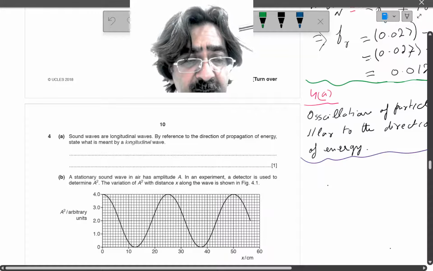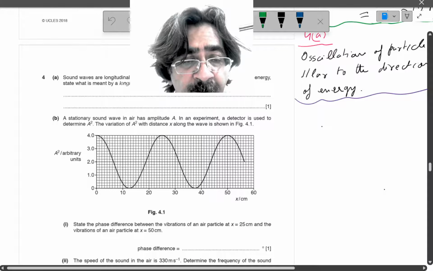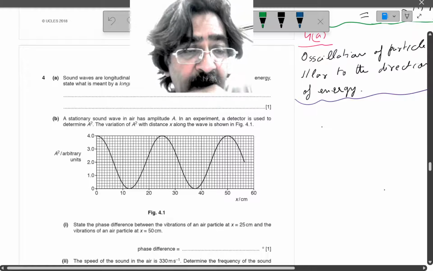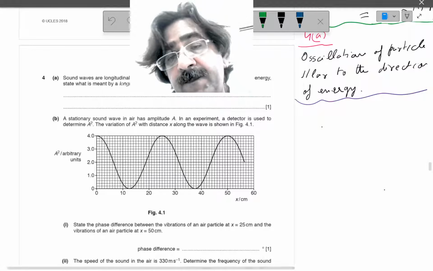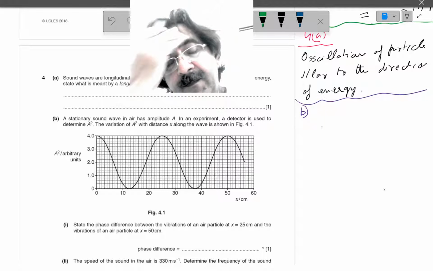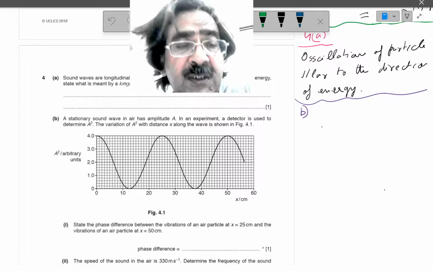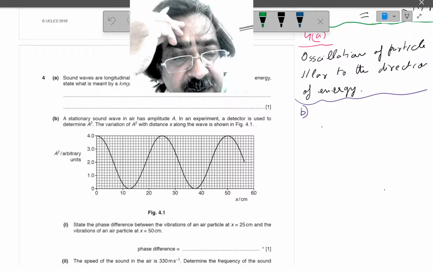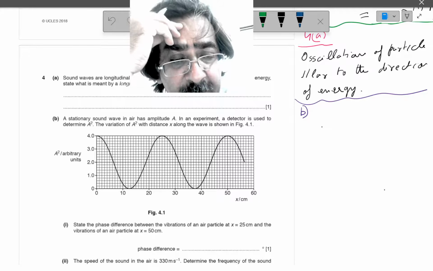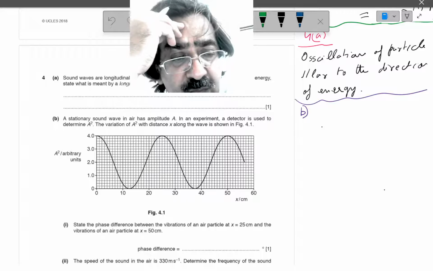Part B is about a stationary wave. A sound wave in air has amplitude A. In an experiment, a detector is used to determine A squared.